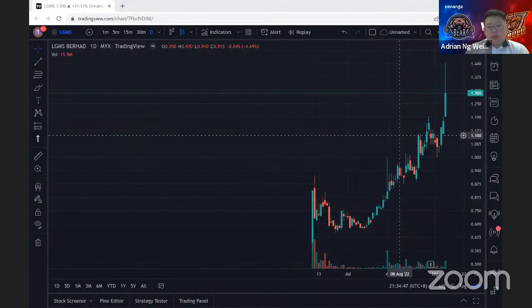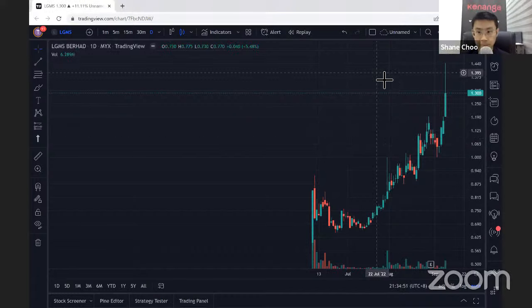Okay, let me go to it. All right, incoming. Can everyone see my screen here? What stock is this? LGMS, right? Yep, that's right.